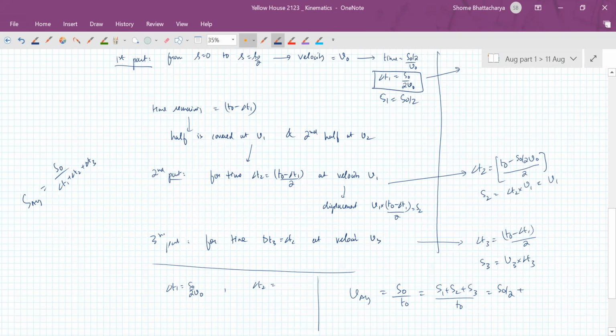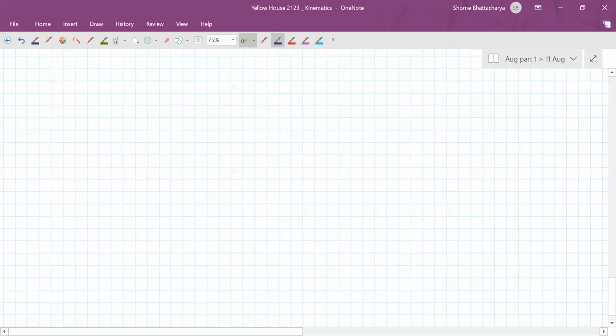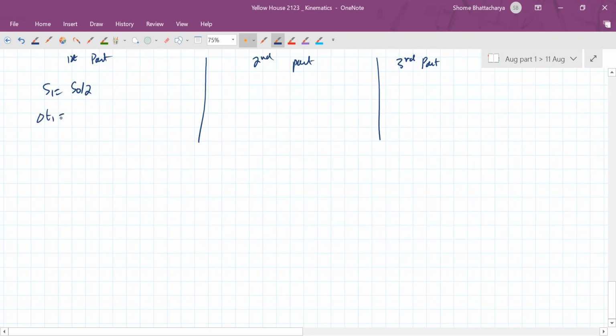Okay. So let's try this again. So what we are having is, let's divide the journey into the three parts. First part, second part, third part. So the displacement in the first part is S naught by 2, and the time is this. Okay.